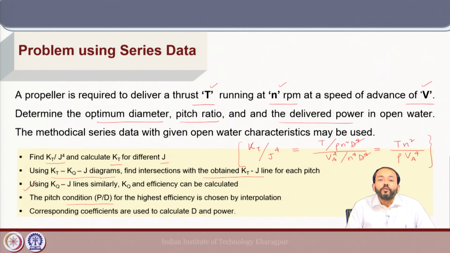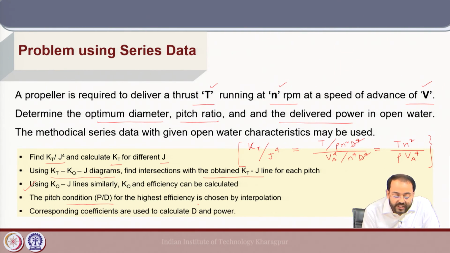Now, technically we can choose any of these points as a suitable design, but normally in propeller design we will try to go for the option where the open water efficiency is highest, if there are no other constraints. Here we are not given any other constraint.